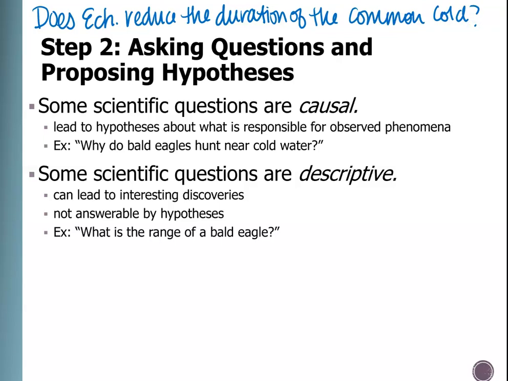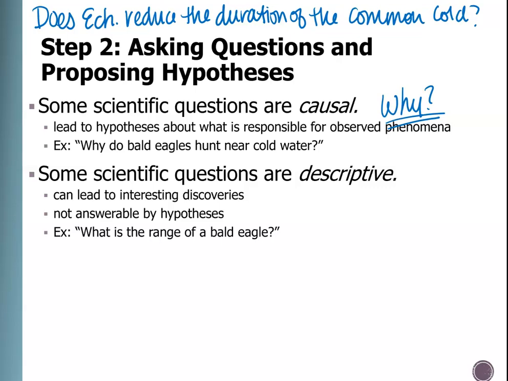So there are different types of questions that we can ask when we are trying to solve a problem. Some scientific questions are causal, meaning we are asking for an explanation or a why. Some scientific questions are descriptive. They are trying to explain what you are observing in the sense that you're just gathering facts.